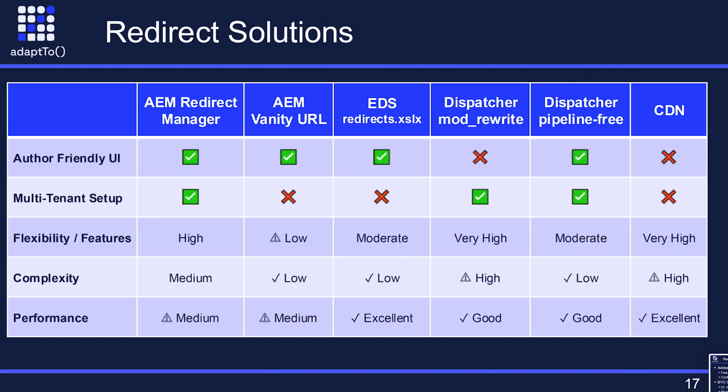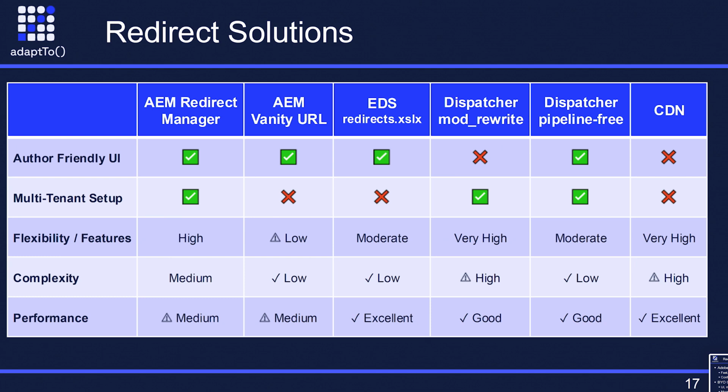Of course, if you use mod rewrite, you can also have different vhost files. In terms of flexibility, it's very high in CDN, of course, and also in the dispatcher mod rewrite. But you also have quite good features in the ACS Commons redirect manager.